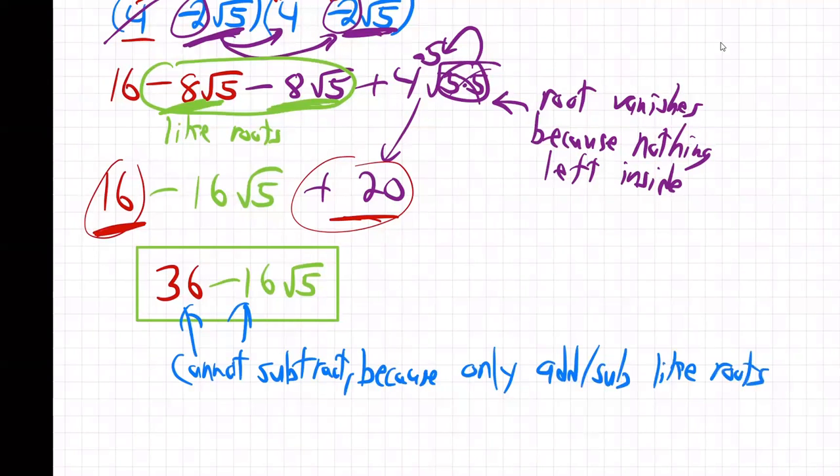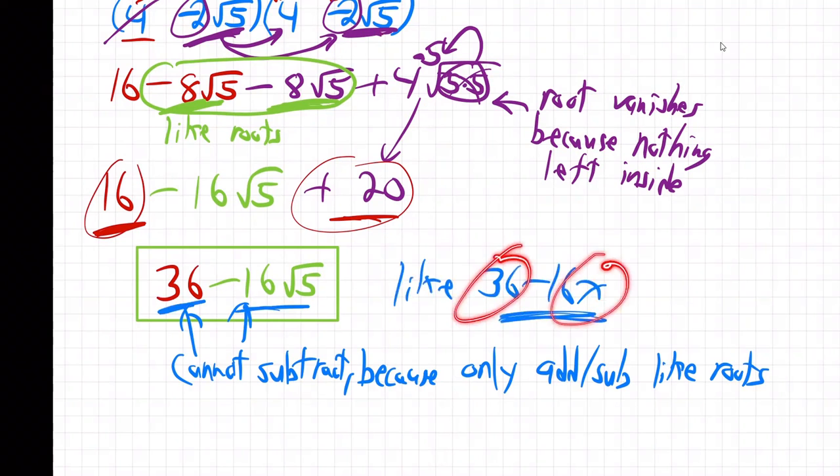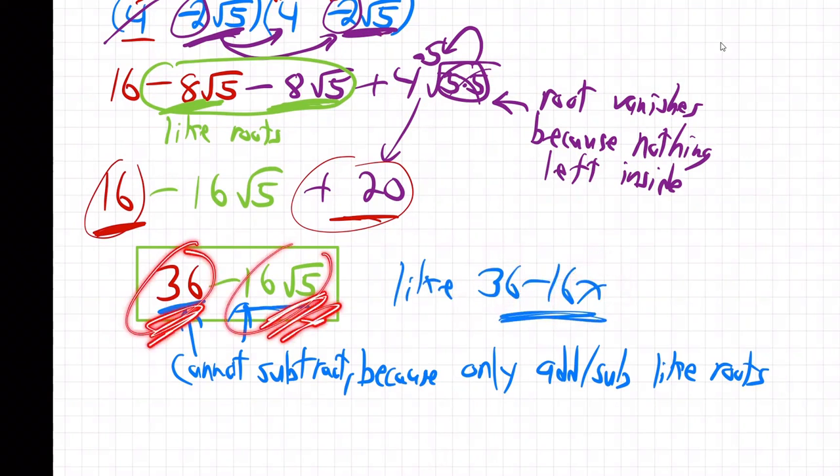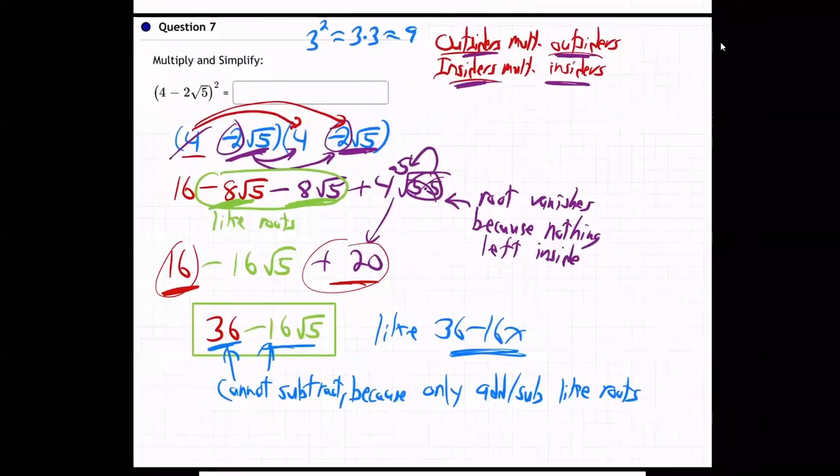If this had its own root 5, if it was 36 root 5 minus 16 root 5, then we would subtract them and get 20 root 5. That would be correct. But he doesn't have a root 5. He's just a plain 36, and this guy's a 16 root 5. It's like 36 minus 16x. You just have to leave it. You cannot subtract them. This one has an x, this one doesn't. They're unlike terms. Same thing here. This one has a root 5, this one doesn't. They just stay like that. So there we go.